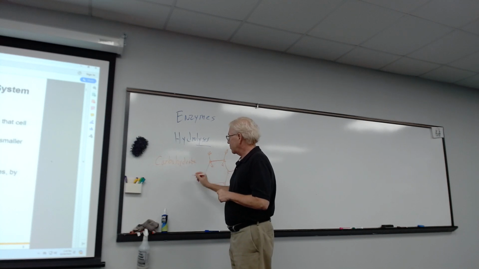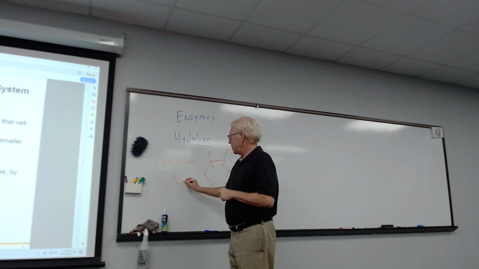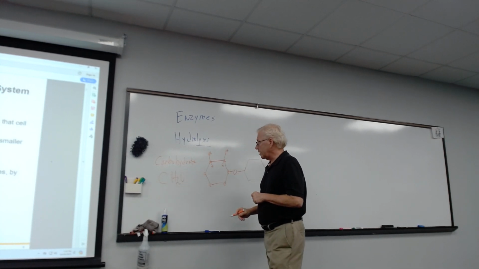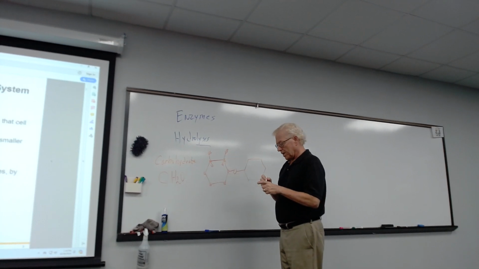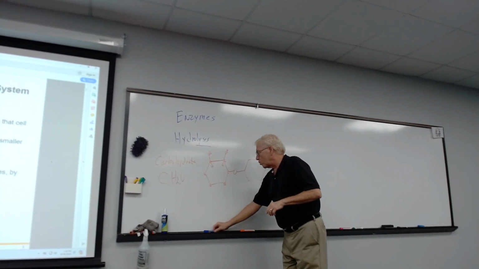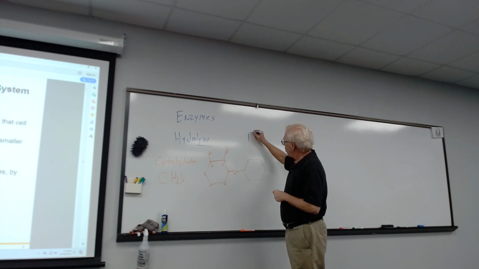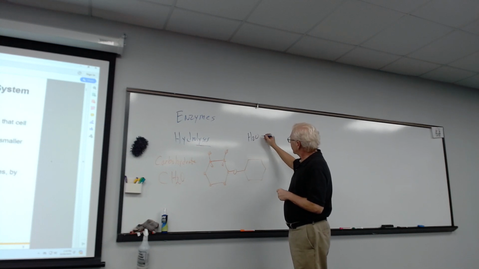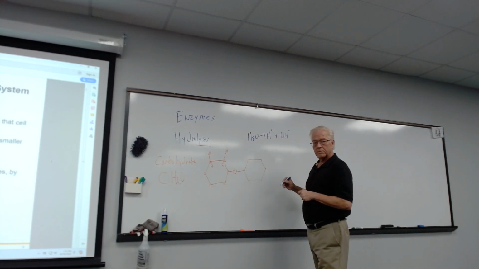Carbohydrate translates into carbon and water, hydrate. So every carbon has an H and an OH on it. All right, when we use hydrolysis, we're gonna take water and split the water into two parts, an H and an OH. Got it?